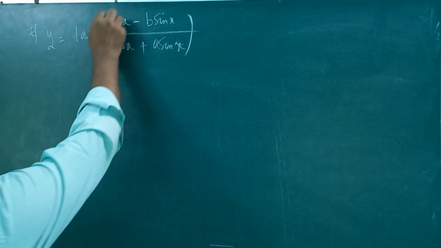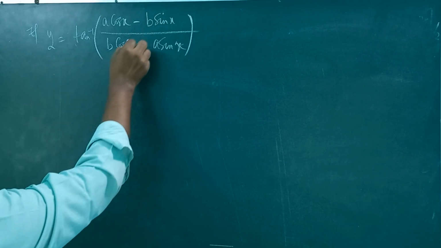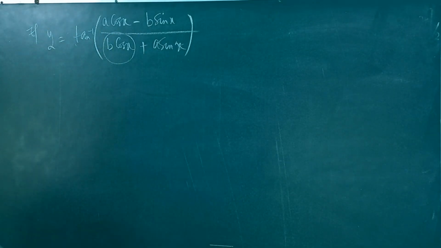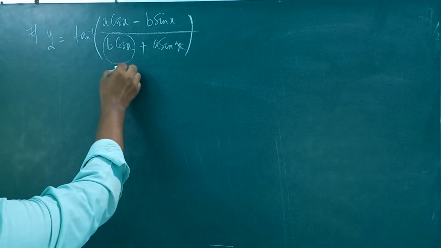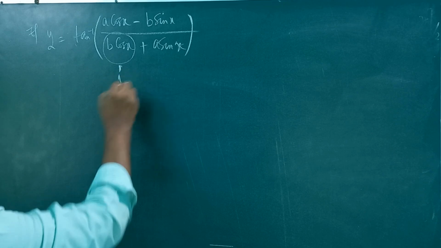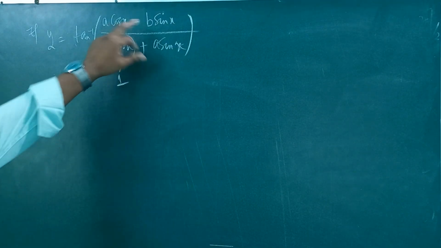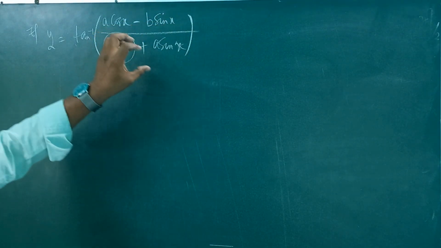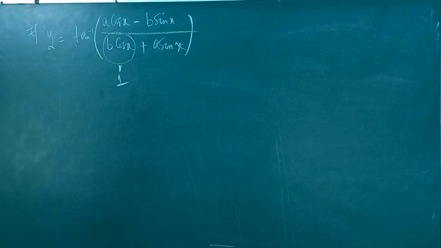Now here also tan inverse exists. Now if we want to convert this structure in tan, here it becomes 1, this will become 1. So we divide the numerator and denominator by b cos x, then what you will get?